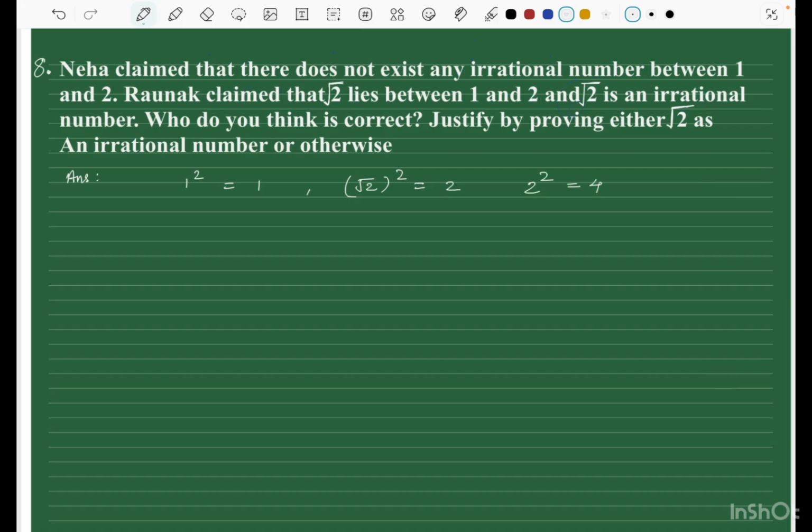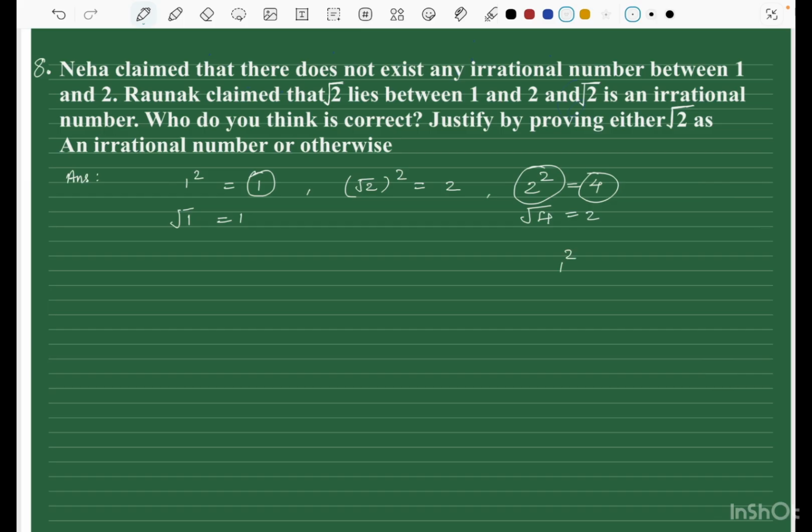But 2 square is equal to 4. That is root 4 is 2. And here we can write root of 1 is equal to 1. We can see that for the squares, 1 squared is equal to 1 and 2 squared is equal to 4.